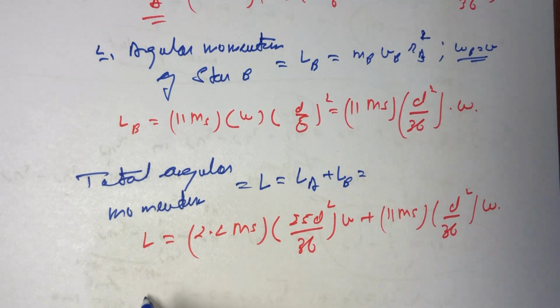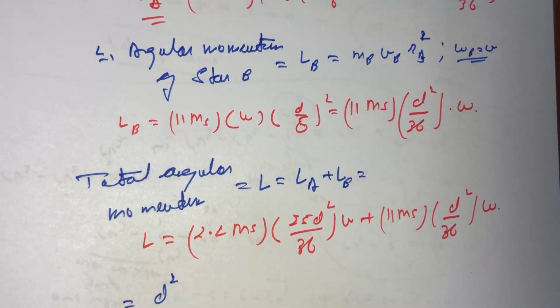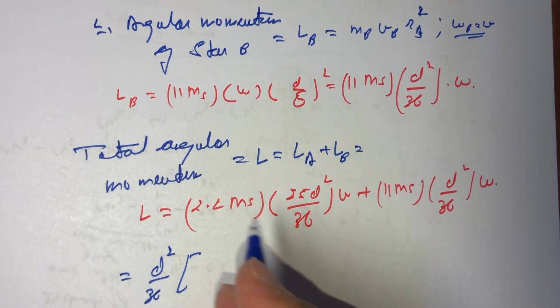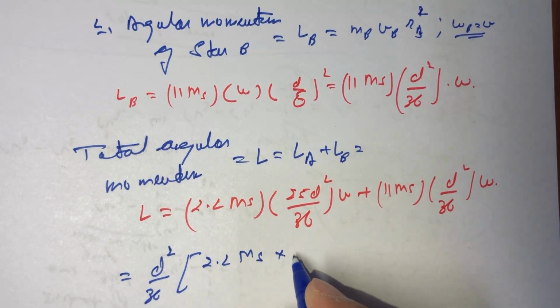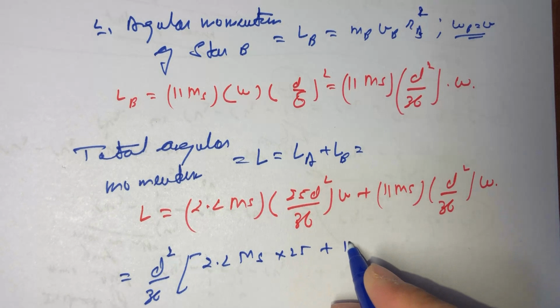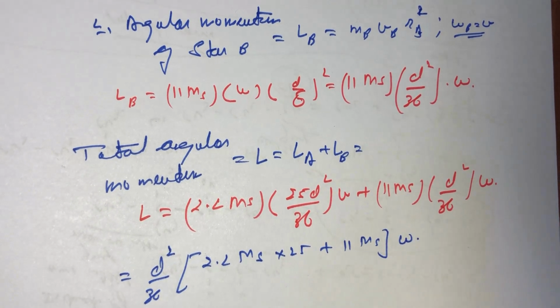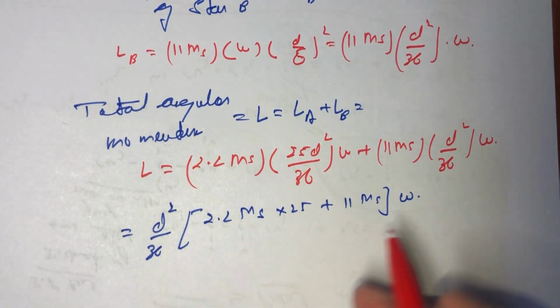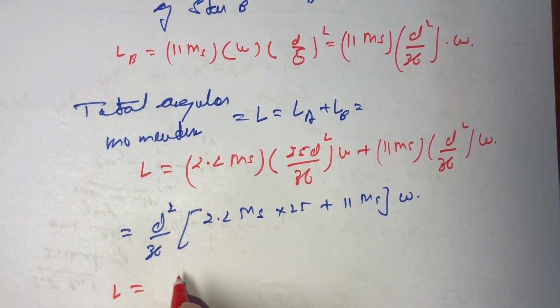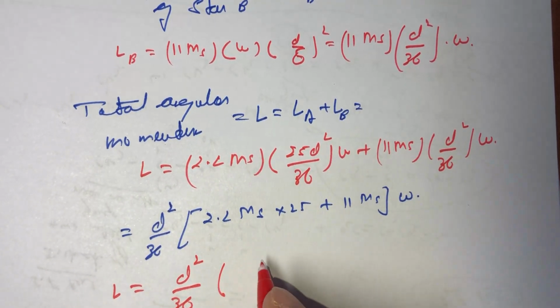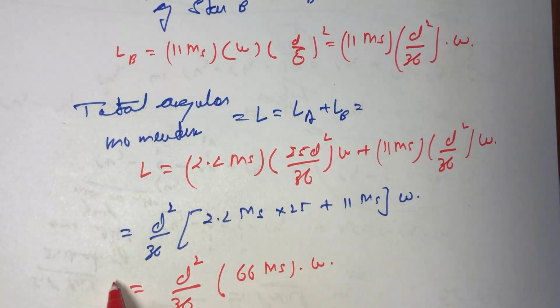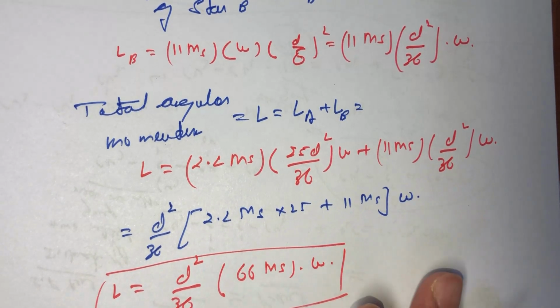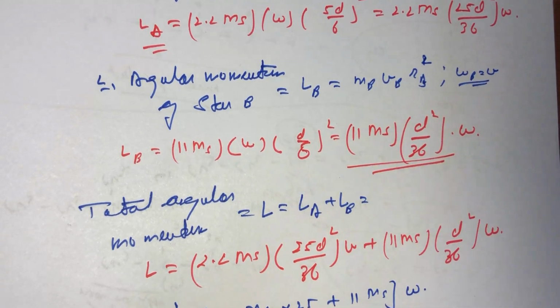So taking d square upon 36 common, and omega also as constant, we get 2.2 ms multiplied by 25 plus 11 ms. So we get total angular momentum L will be equal to d square upon 36 multiplied by 66 ms and omega.